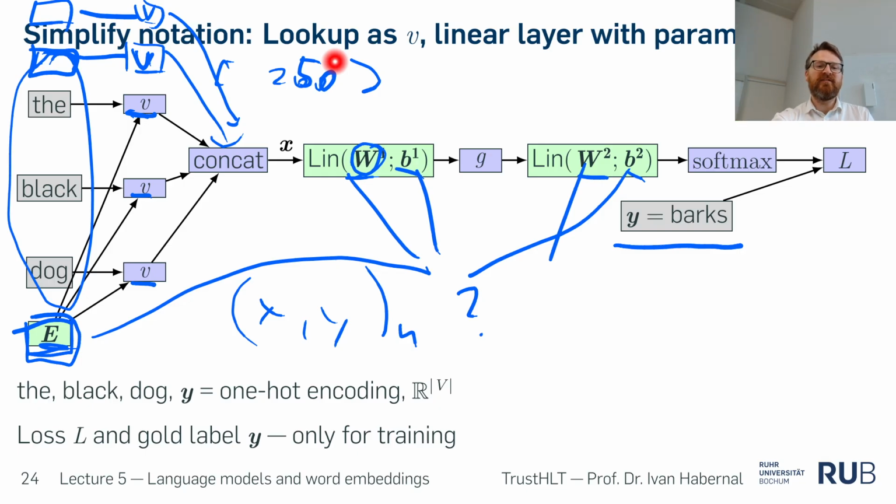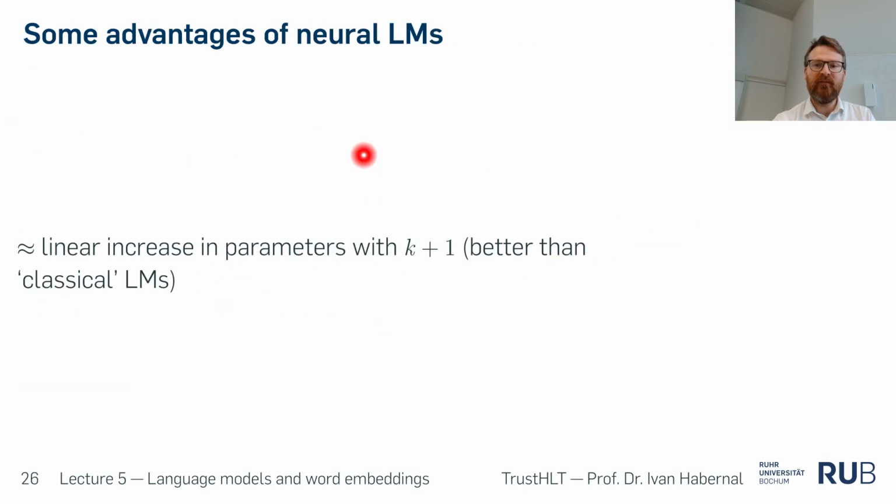Now we're just adding 50 rows, or 50 columns, to this matrix. Rows, yes. So this is cool because we can increase the context with a linear increase in parameters, so it's better than the classical approach.